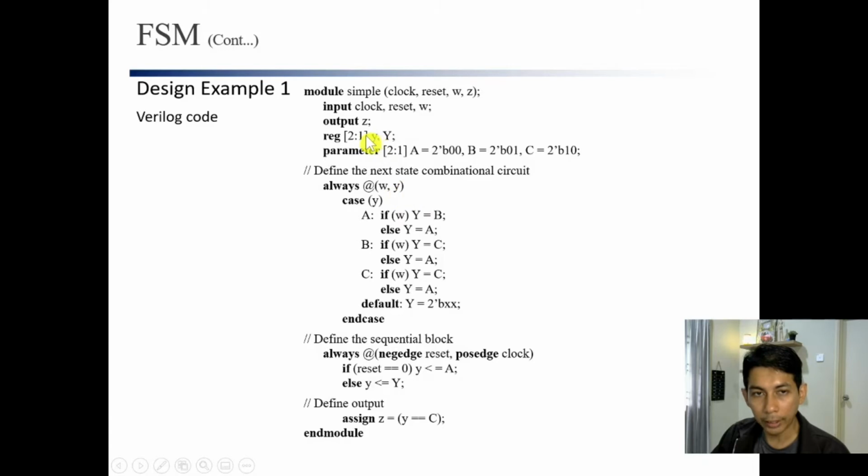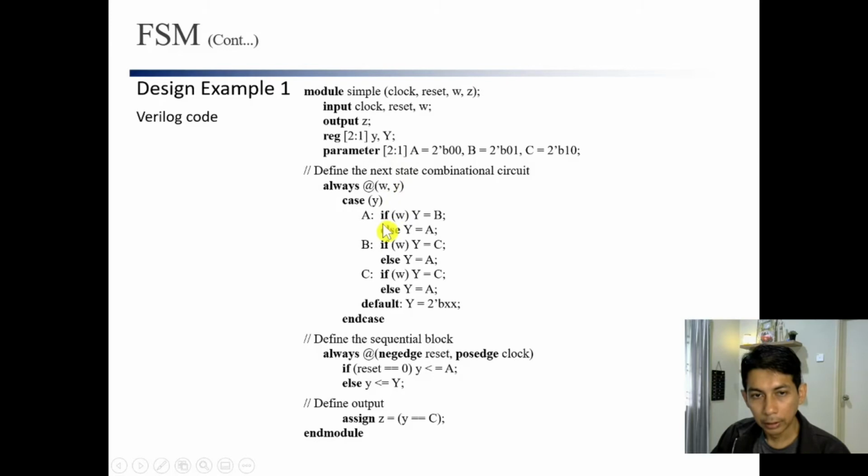Y here is 2 bits. Please change this to 1 to 0, just like what we did last week, not 2 to 1. If you use that, you will have problems when you do your design later on.